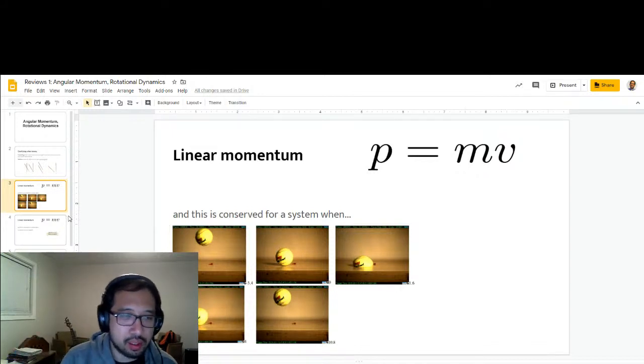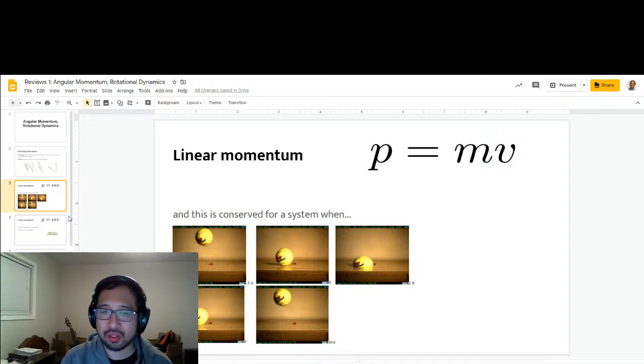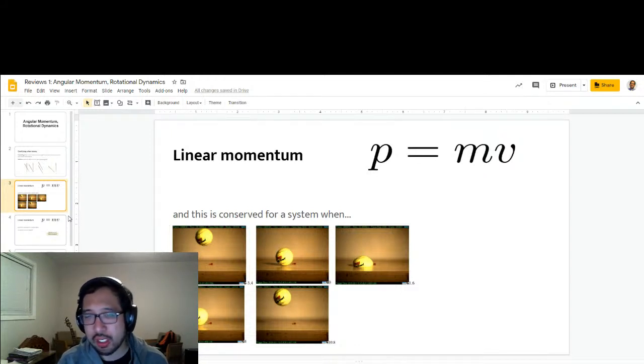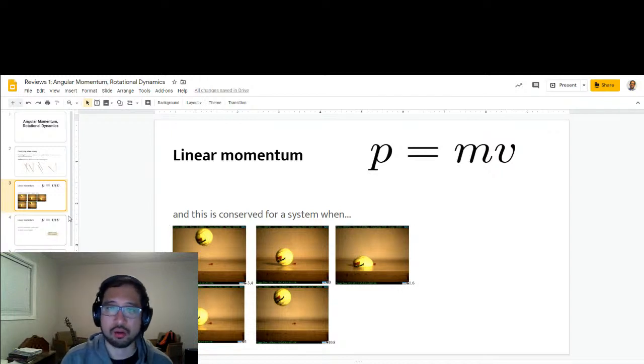Okay. Now, again, we're going to talk about angular momentum, but it's always a good idea whenever we talk about angular or rotational frames of reference to think about the linear version first, just to make sure we have a good foundation so that we can shift into the angular or the rotational stuff. When we talk about linear momentum, we're talking about the product of an object's mass and its velocity.